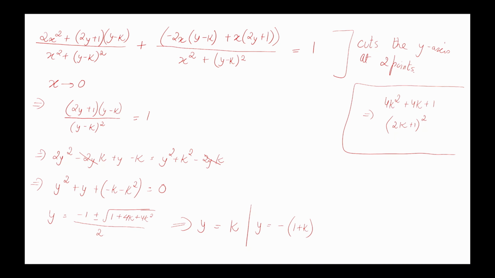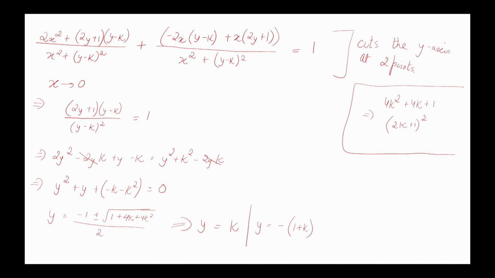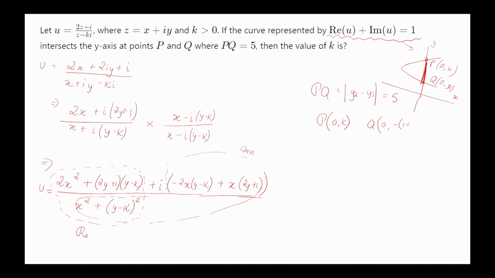So these are the two values of y that I've gotten. That means in my PQ, my P point is 0 comma k and my Q point is 0 comma minus 1 plus k. Now they've told us that the distance between these 2 points is 5.